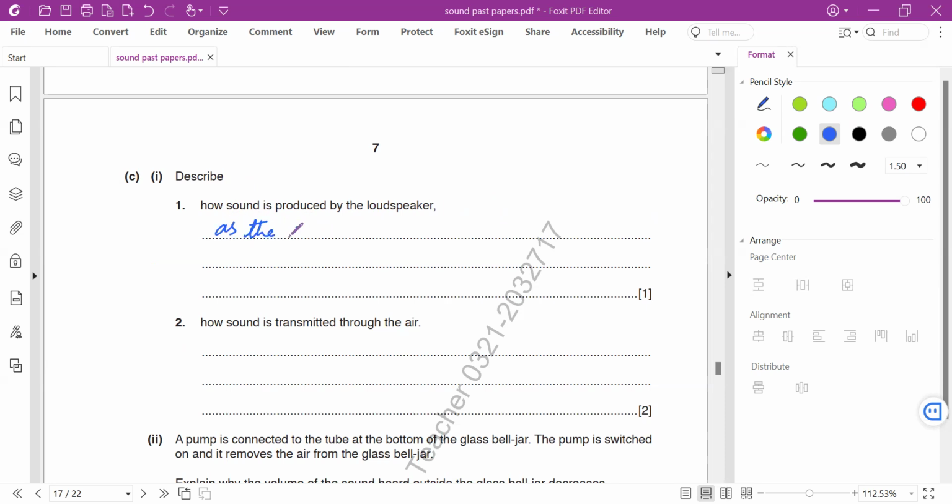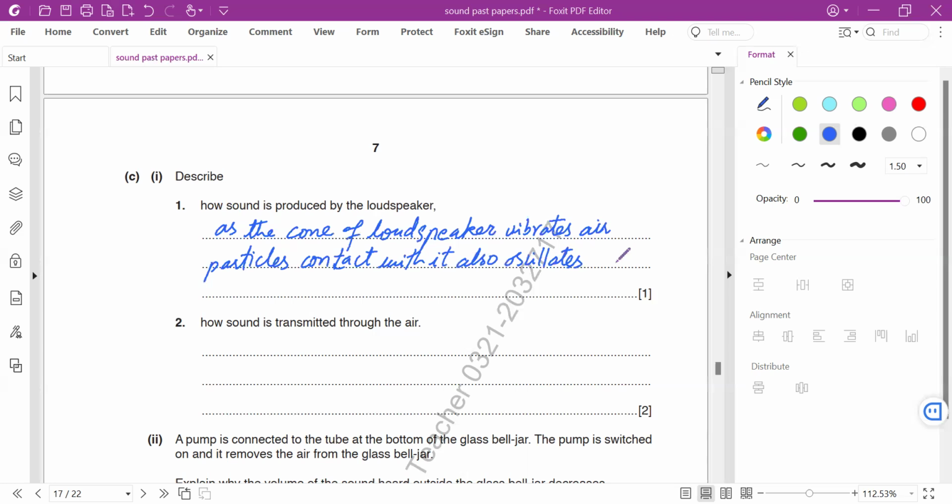As the cone of the loudspeaker vibrates, air particles in contact with it also oscillate parallel to the direction of wave travel.